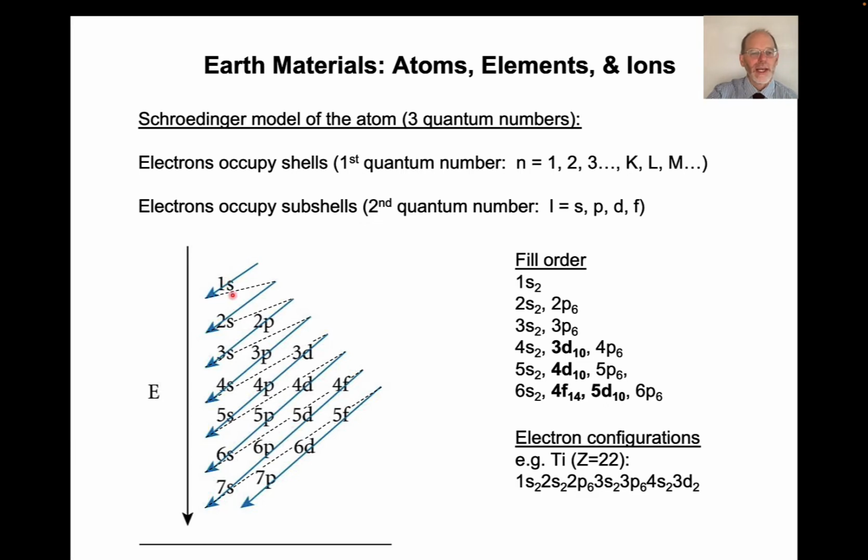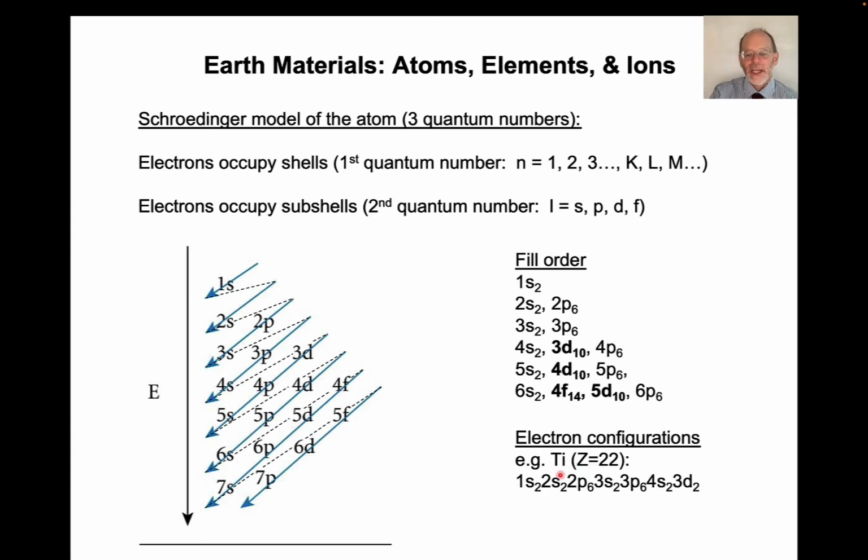So we fill 1s, 2s, 2p, 3s, 3p, 4s, 3d, 4p, 5s, and so on, and so on. So if you write out the shells and the subshells in this form, and you remember this sequence of arrows, you can figure out how the fill order works.